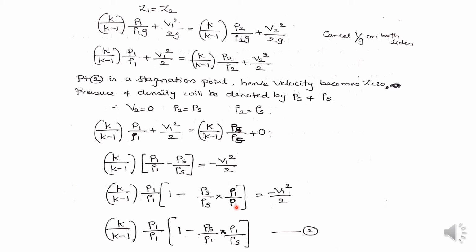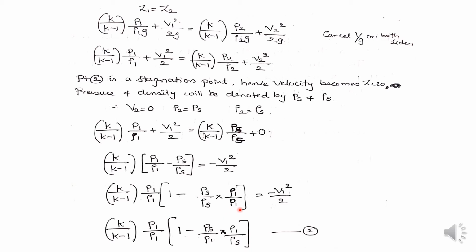My equation remains as it is. If I simplify, P1 cancels, rho 1 cancels, and my equation remains in this form only. But I have altered the equation in this form.